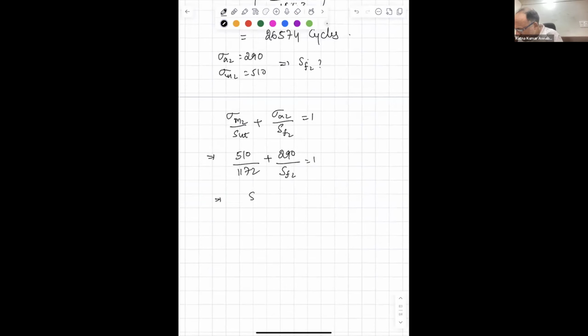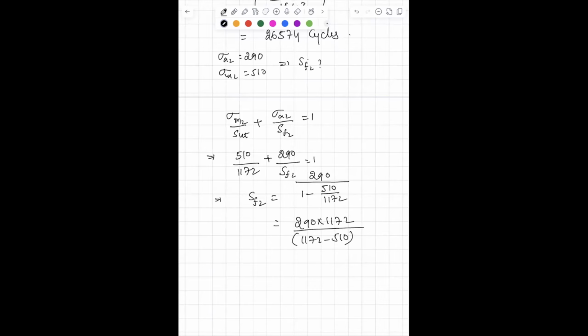That implies SF2 is equal to 290 by 1 minus 510 by 1172, which is 290 into 1172 divided by 1172 minus 510. 513.41.